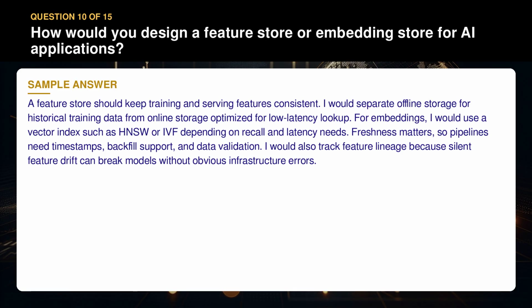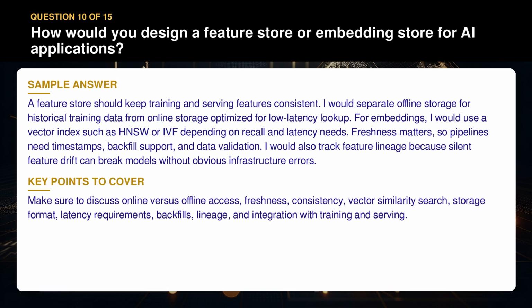I would also track feature lineage because silent feature drift can break models without obvious infrastructure errors. Make sure to discuss online versus offline access, freshness, consistency, vector similarity search, storage format, latency requirements, backfills, lineage, and integration with training and serving.